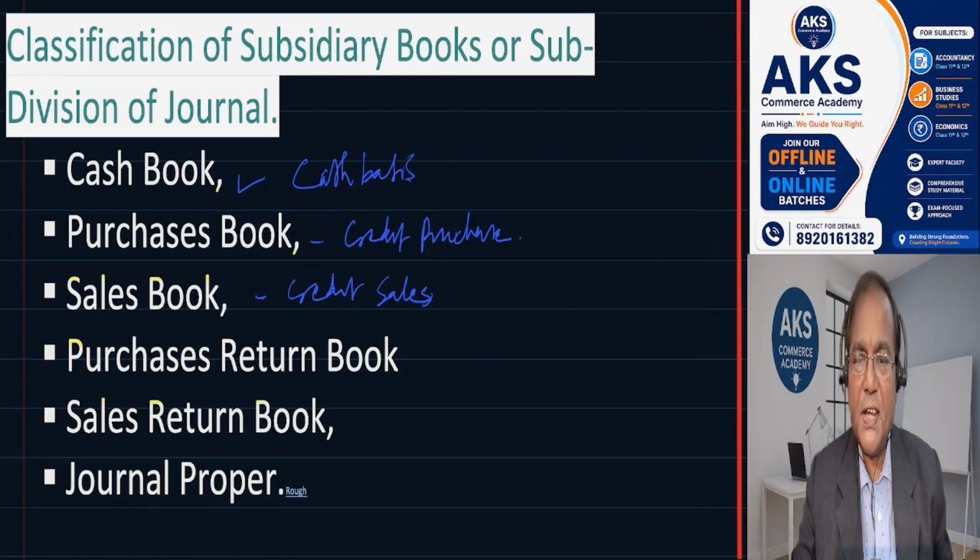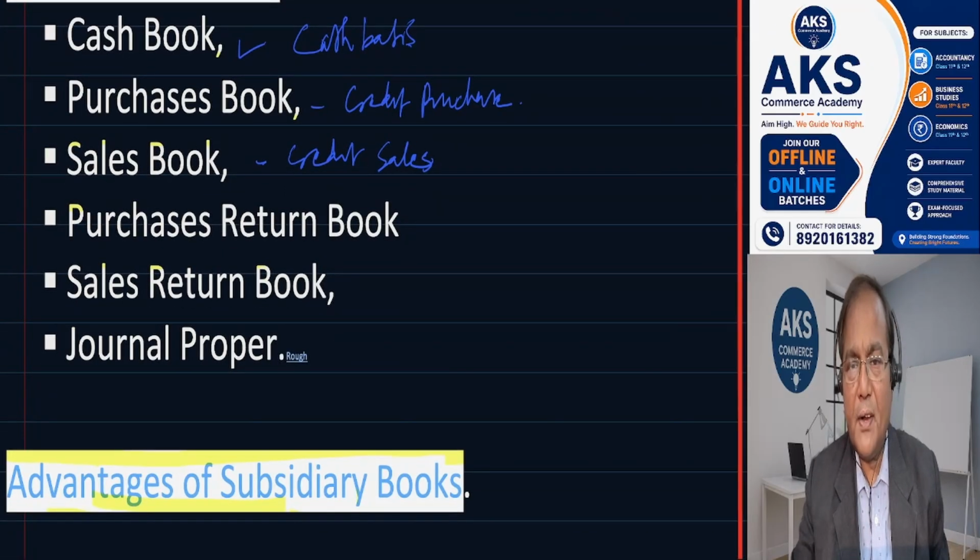Then purchase return: purchases which have been done and there is a return. So we will enter purchase return in the purchase return book, sales return in the sales return book, and journal proper is for other transactions which cannot be entered in any of these.